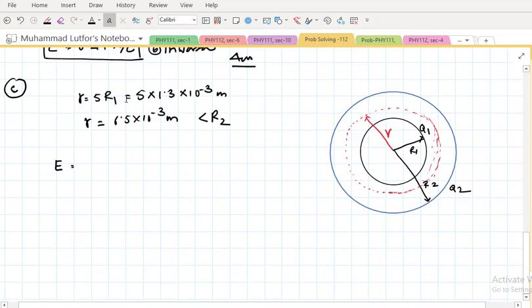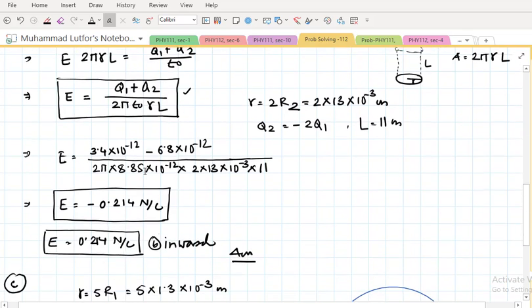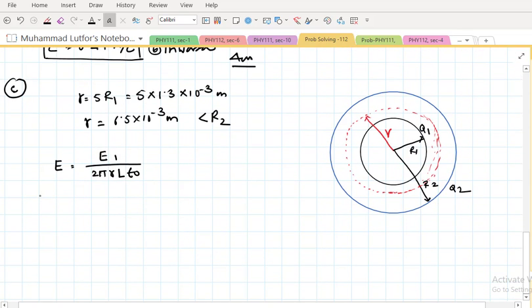Then I will be able to write E equals Q1 divided by twice pi R into L into epsilon naught. So this would be your formula to find it. Now if you plug in the values into this equation, what will you find?